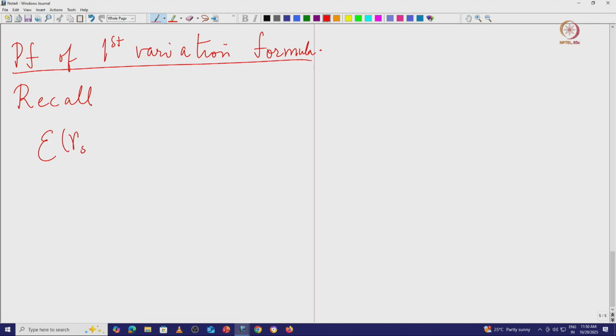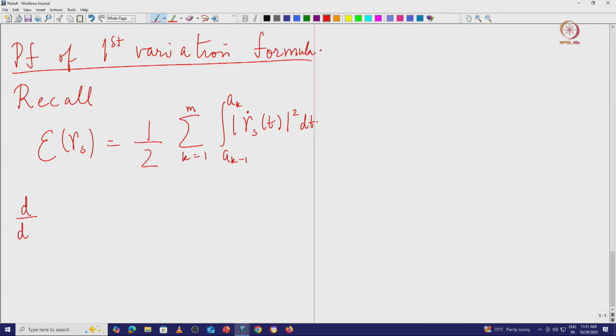The energy functional of gamma_s was simply half times summation k going from 1 to m, integral from a_{k-1} to a_k of the norm of gamma_s dot of t, whole squared. Okay, so now if you differentiate in s, because on these subintervals everything is nice and smooth, you can pass the derivative inside the integral sign.